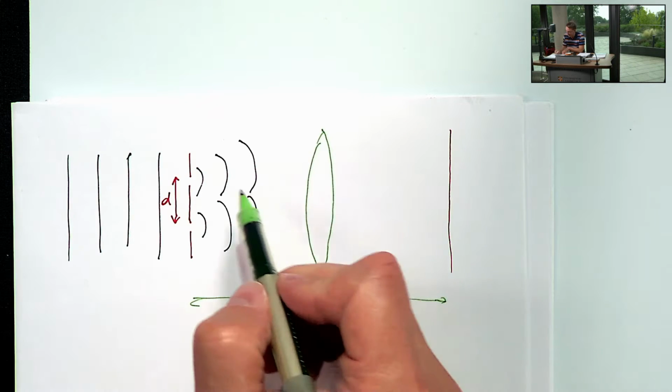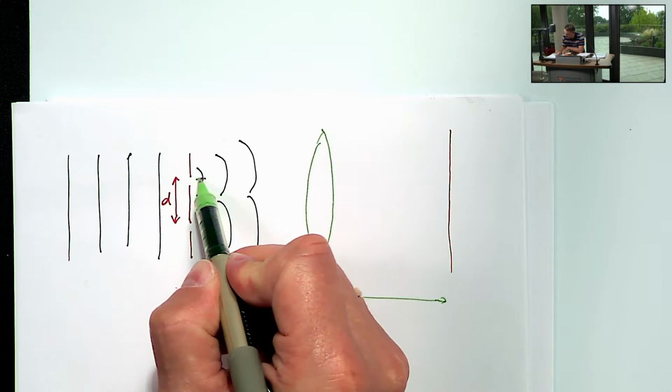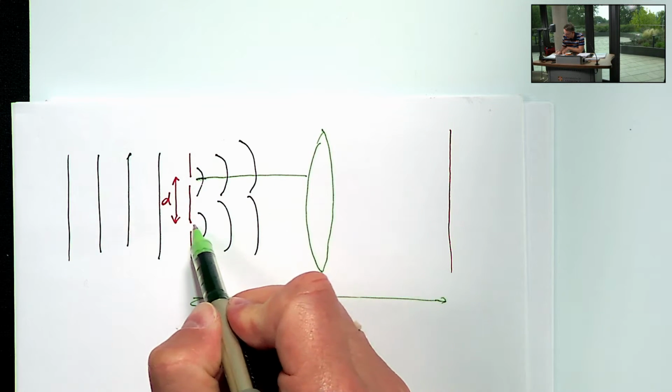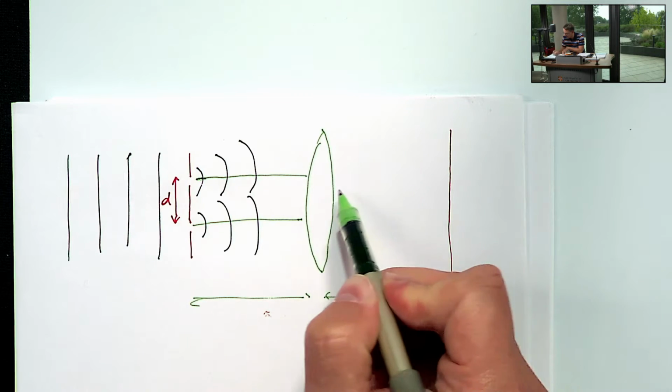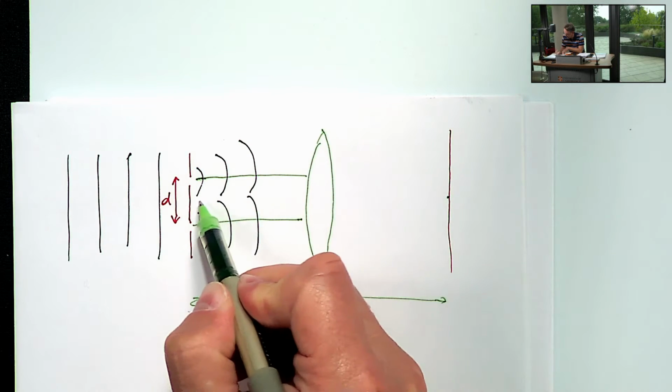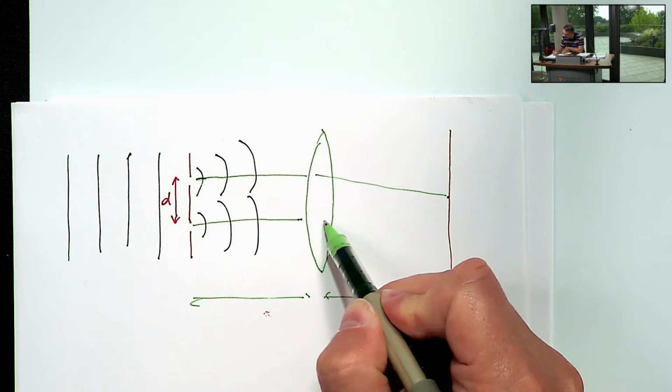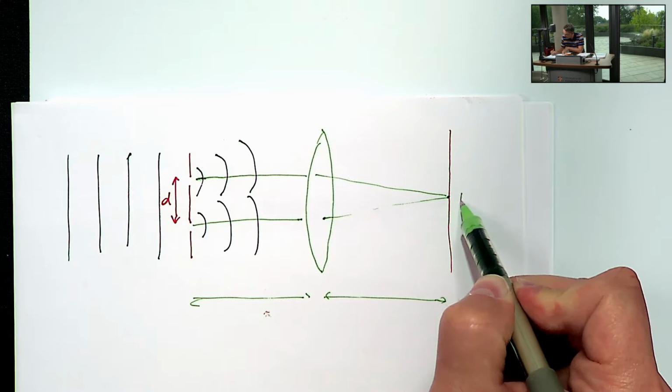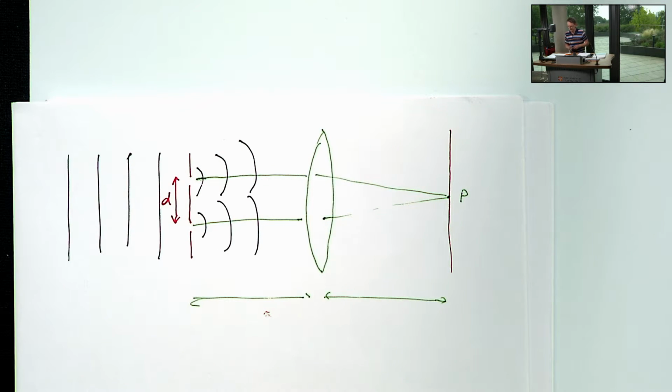And so let's just take the two rays that go straight ahead behind the aperture. They are obviously focused to the center, to a point P like that.